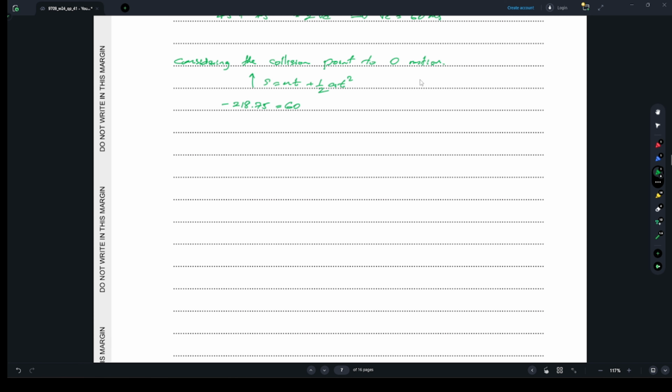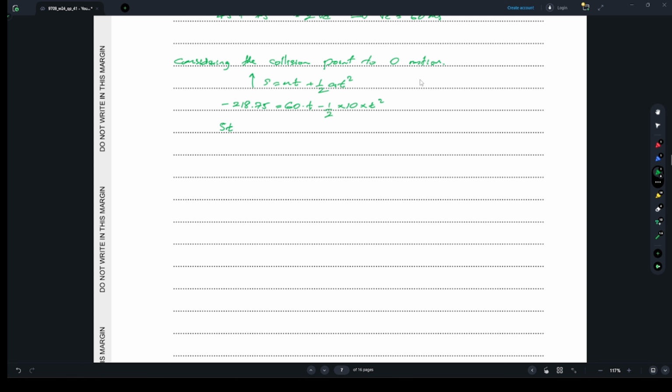Let's keep time t, and we applied upwards, so half g is 5, and here t square. Okay, 2 and 10 we can cancel, so we can have here 5.